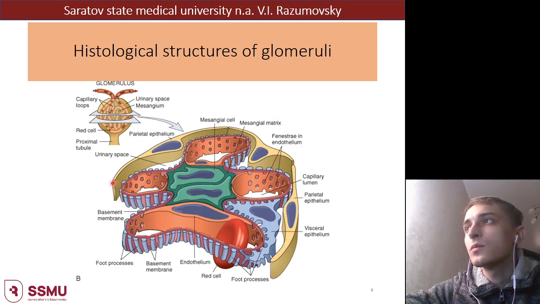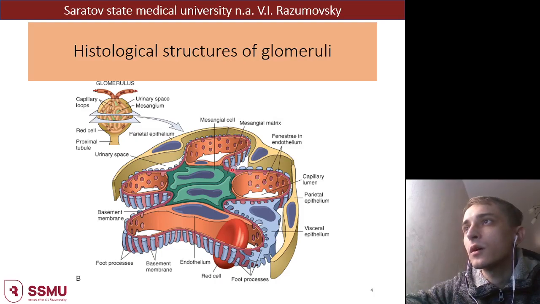The second part of the glomerulus is the capsule. The capsule is synthesized by parietal epithelium cells, and it is named after the scientist who first described it. It's the Shumlyansky-Bowman capsule. And between the capsule and the vessels, we can see a special space, the urinary space.